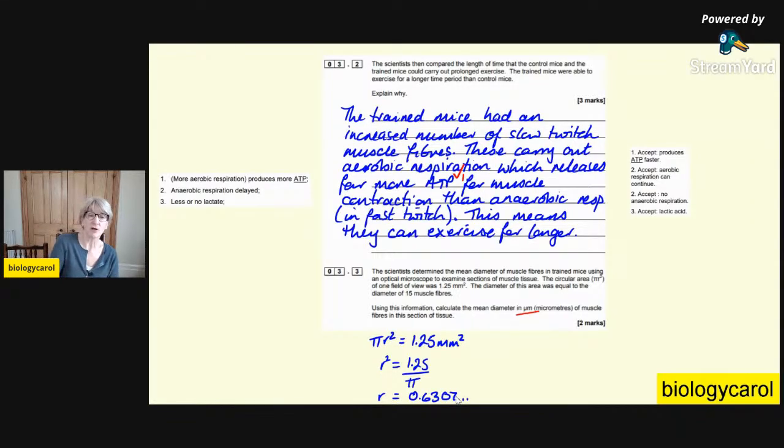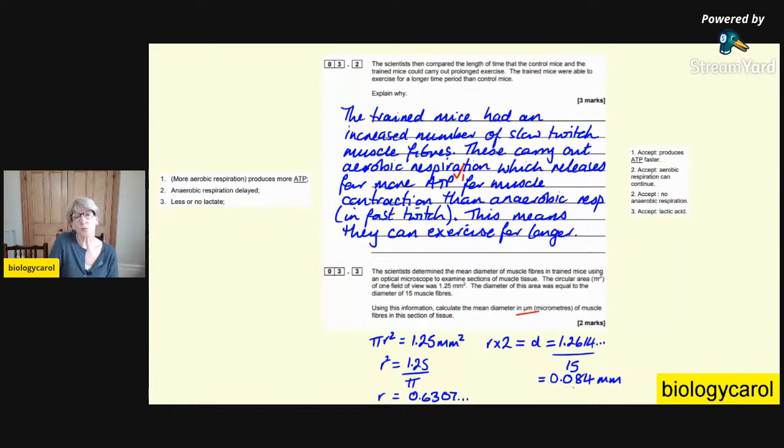Don't just round it up. Then r is this, but I want the diameter, so I've got to times the radius by 2, which equals this number in the calculator. Then I need to divide that number by 15 because that diameter is the equivalent of 15 muscle fibers.